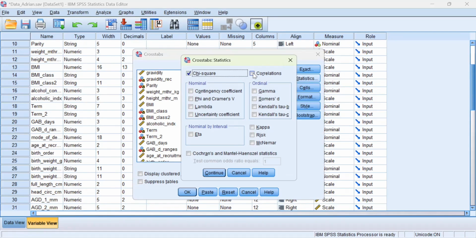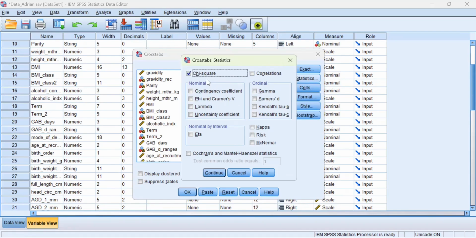The further the value is from 1, the weaker the correlation. So something like 0.1 is a weak correlation, and something like 0.8 is a strong correlation. That's just the difference between correlation and chi-square. Chi-square will give you a p-value and the chi-square test statistic, but correlation will give you just a correlation coefficient and maybe a p-value too.